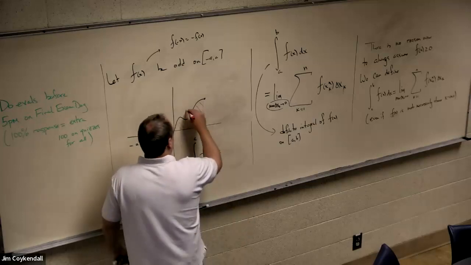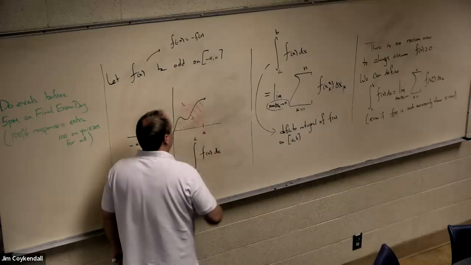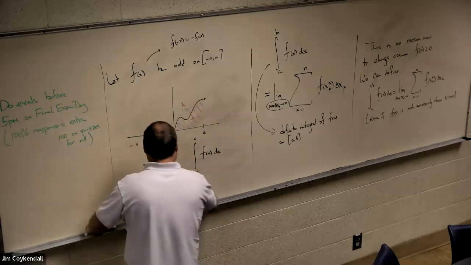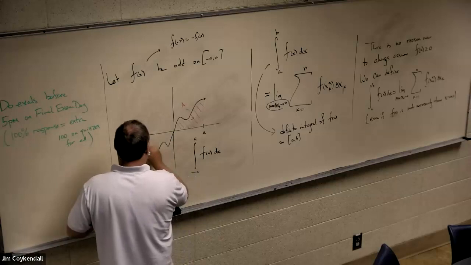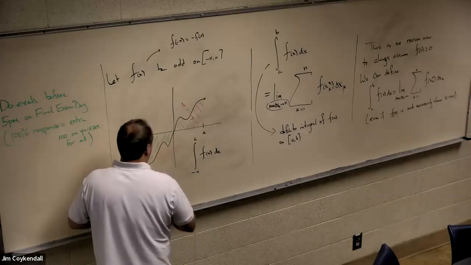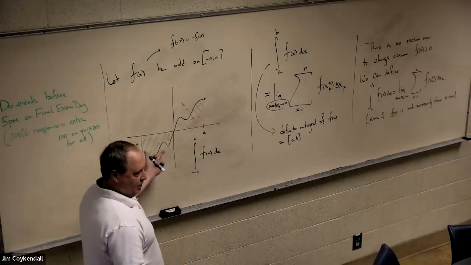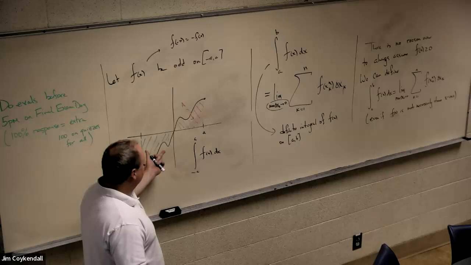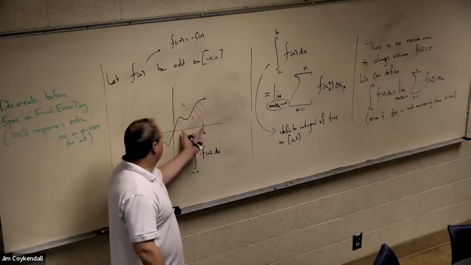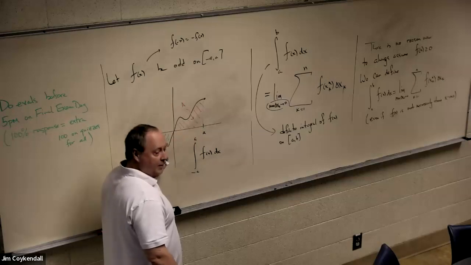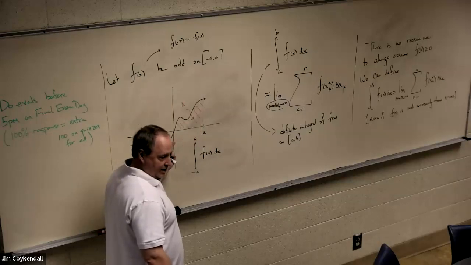Got no idea what it is, but there's some positive area. Everybody agree with that? What about this piece right here? What can you say about this piece of image right here? If I had drawn it right, the actual absolute area here is the same as the area here. I agree with that.